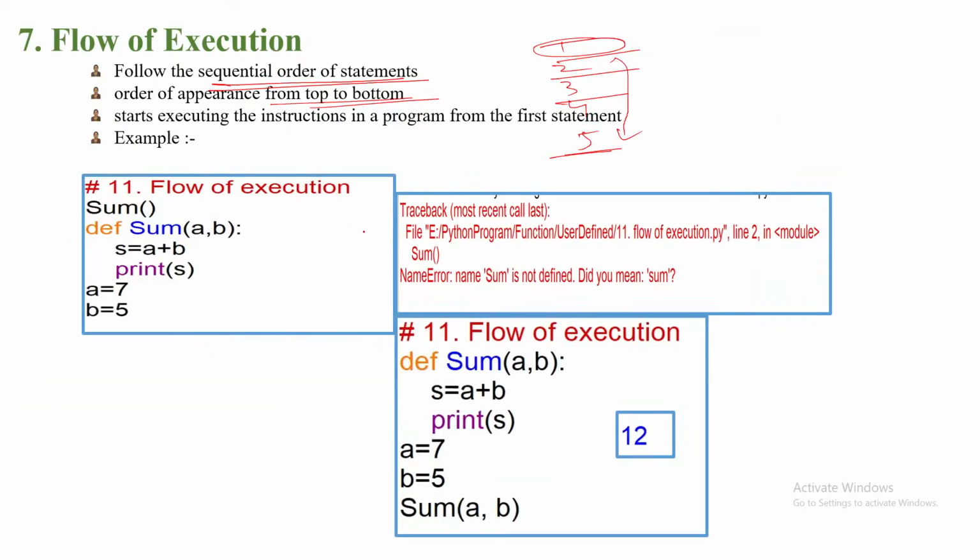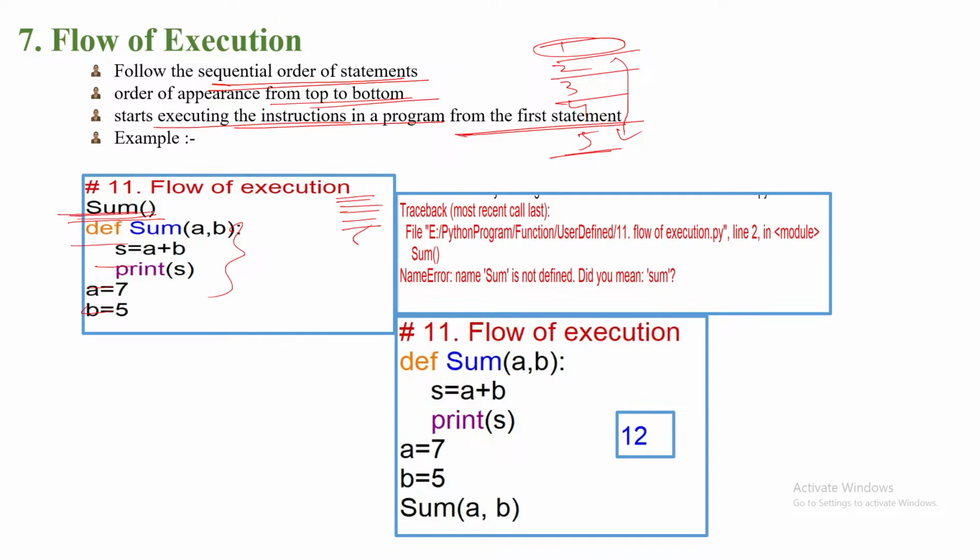Start executing the instructions in a program from the first statement. I already told that. It will check from the starting only. Then look at this example, sum. I call the function name first, then afterwards I define it. So the system, without checking here, did not get what sum is, because it takes from the first statement.